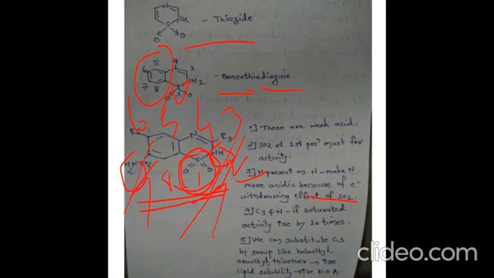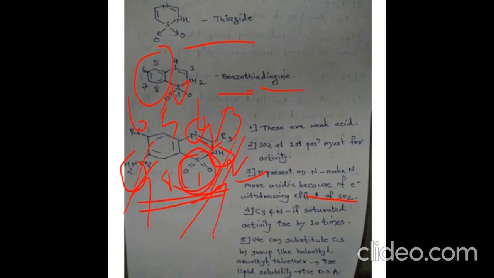Next, at C3 and nitrogen, if saturated, the activity will increase by 10 times. This is the third carbon, this is nitrogen, and there is a double bond present. If we make it saturated, that means we remove the double bond between C3 and the nitrogen at the fourth position, the activity increases by 10 times.